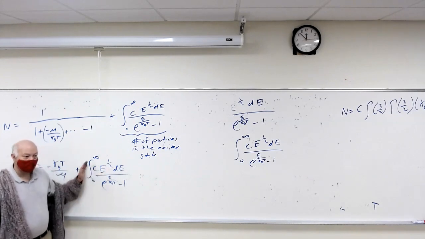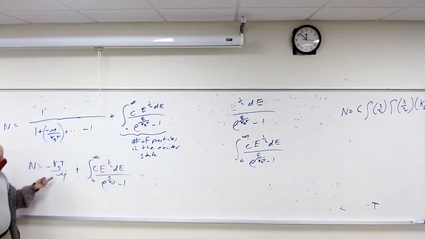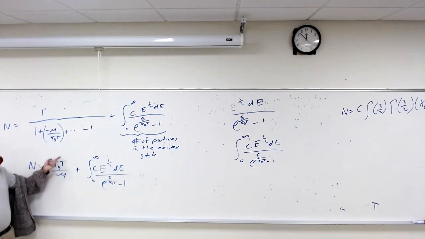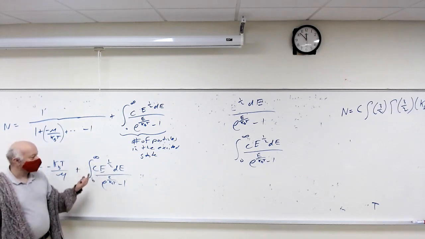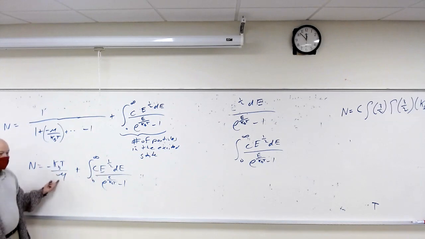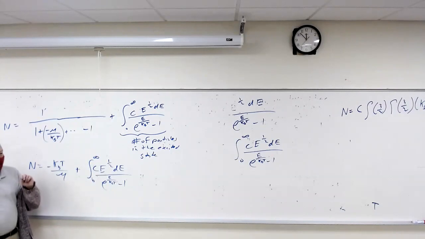You're going to have almost no excited states. So instead, what happens? What does this mu do? It becomes really, really tiny. And this term becomes large. So once you actually go below T equals TC here, you start having macroscopic occupation of the ground state. And that is what you call a Bose-Einstein condensate.